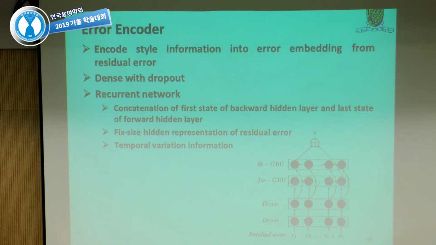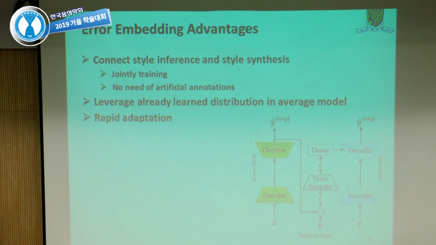So here is the detail of the error encoder. The idea is to model the temporal information of the residual error. So we use a recurrent network, and the advantage of such a structure is that style inference and style synthesis are combined together.